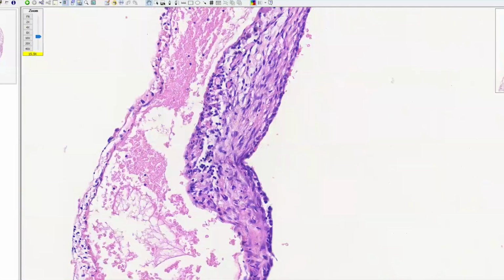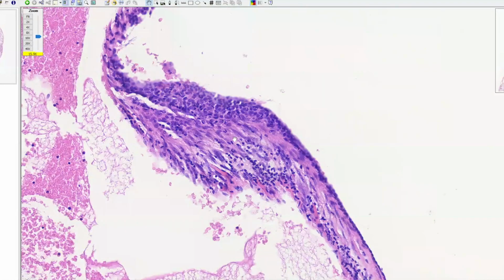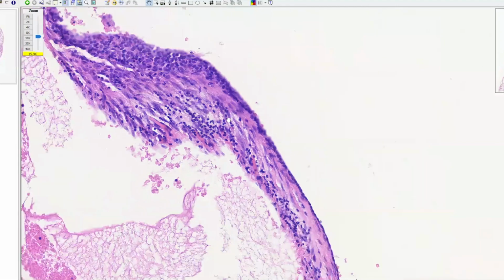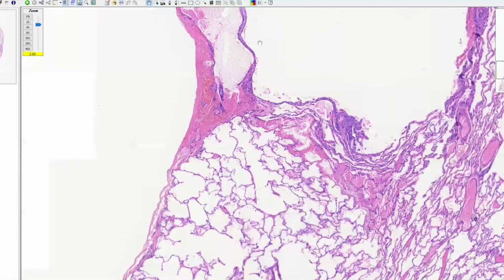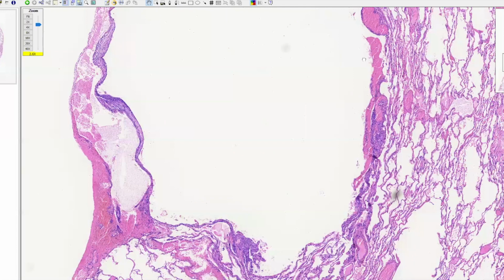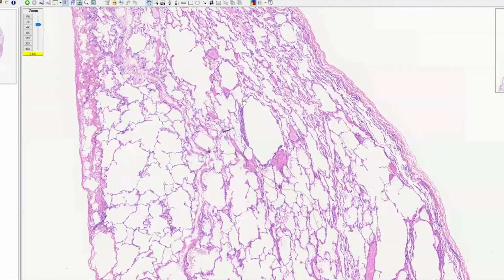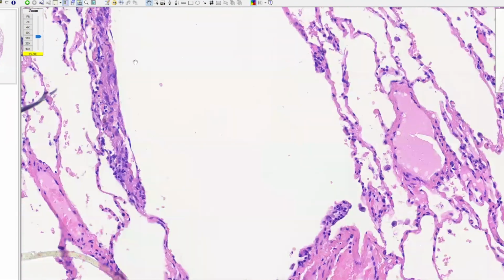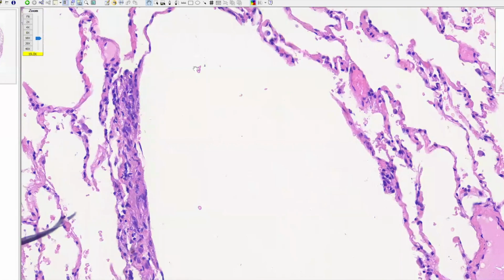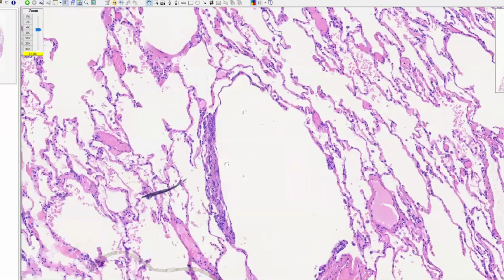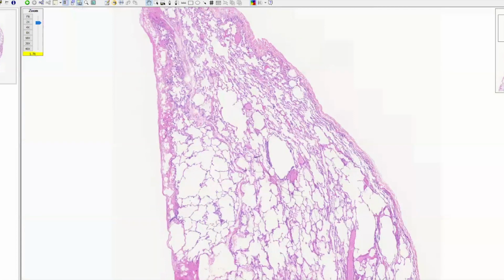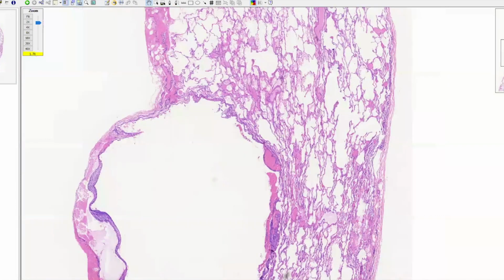Some of them almost have a smooth muscle type appearance, as you can see here. Moving on to one of these other cysts, you can also see the same proliferation of spindle cells around these dilated cystic spaces. They're patchy throughout this specimen.